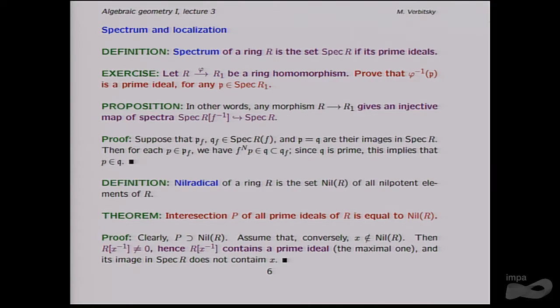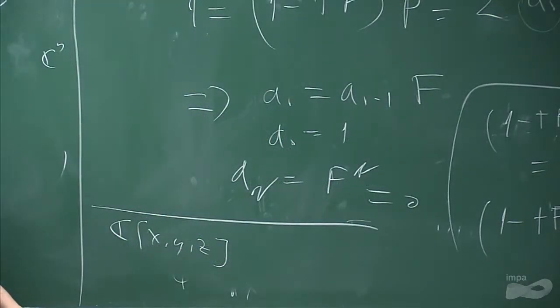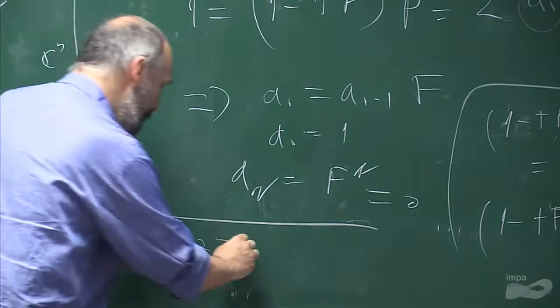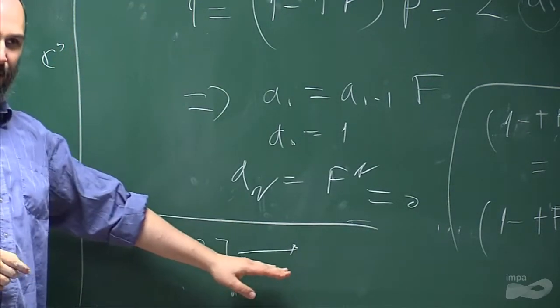C[x, y, z], so this is your source ring, and what is your target ring?